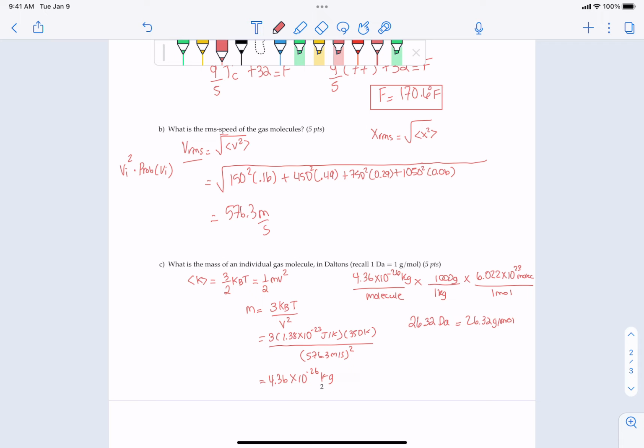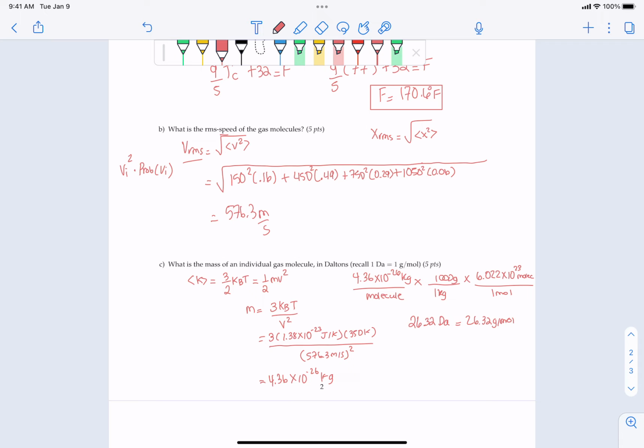Yeah, so VRMS and XRMS are basically going to be the same thing, same calculation method. It's just that VRMS is for speed and XRMS is for position. I don't want to move on to the slide just yet, but the way they have it on the formula sheet is an uppercase X, and that just denotes whatever value you're looking for.